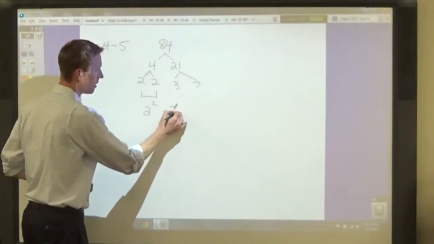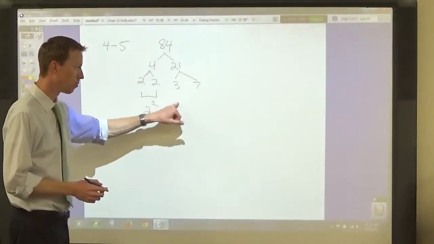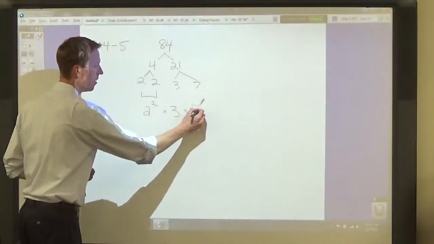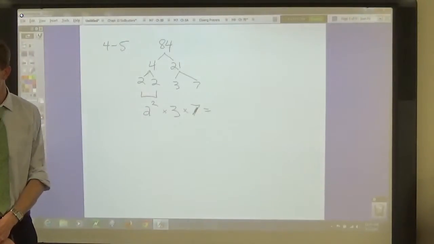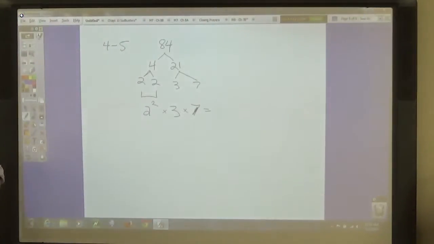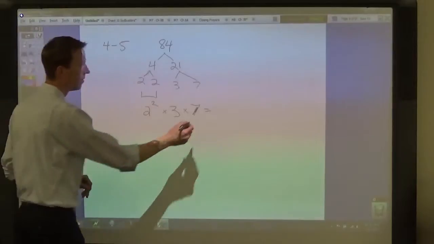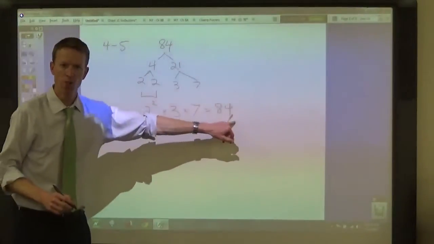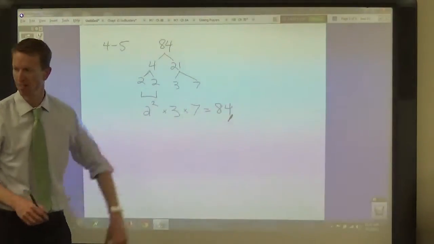So we do times 3, since there's only 3 to the first power. And times 7. And this, if you multiply it out, would equal what number? Johnny? 84. This is the prime factorization for 84. The prime ingredients and how much to put in.